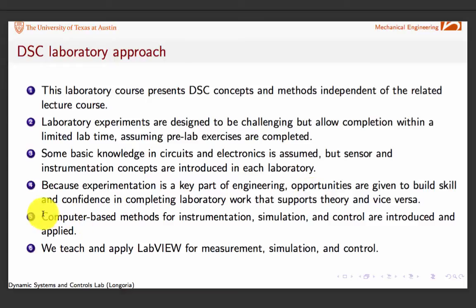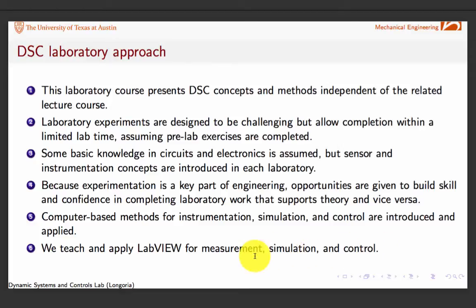We also emphasize the use of computers for instrumentation control, for simulation, as I've mentioned, and also as part of control loops. So when we introduce feedback control, we'll actually be using computer-based control. And finally, there's a lot of different types of software that you need to know as an engineer. In previous courses, you might have learned to use MATLAB for analysis, for example.